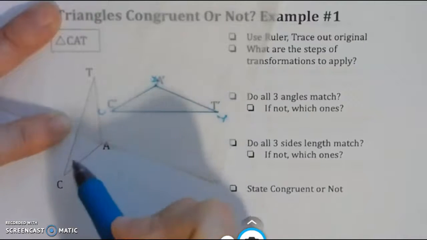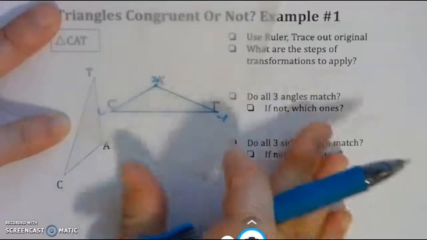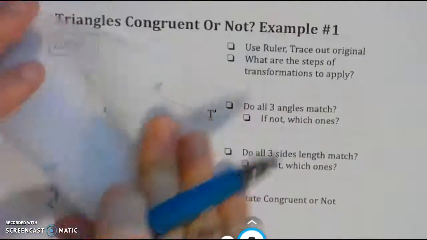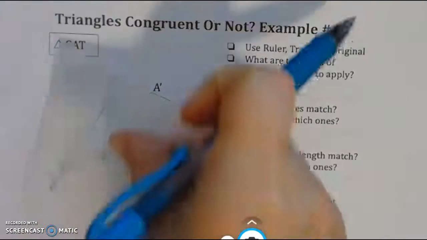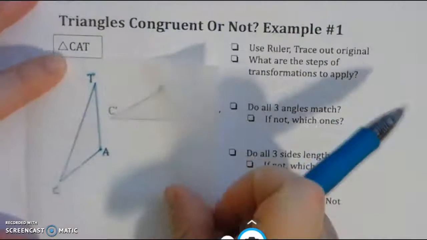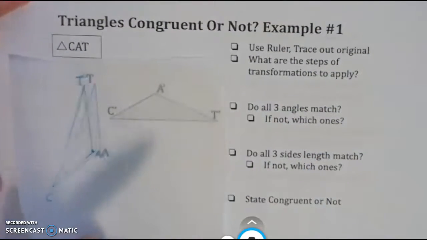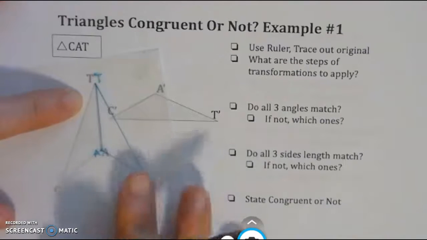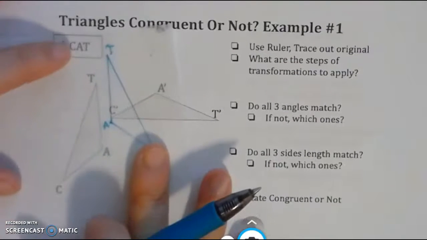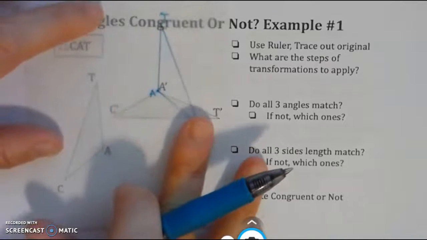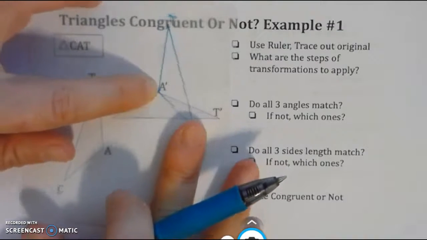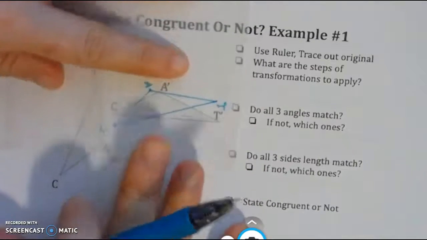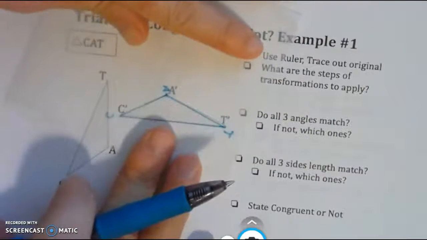So what did we do? First, what were the transformations that we did? We reflected it. That means we flip it over, and now it looks like this. And then from here, I can match up my A with A prime, and then use that as the point of rotation and rotate it until it matches exactly.